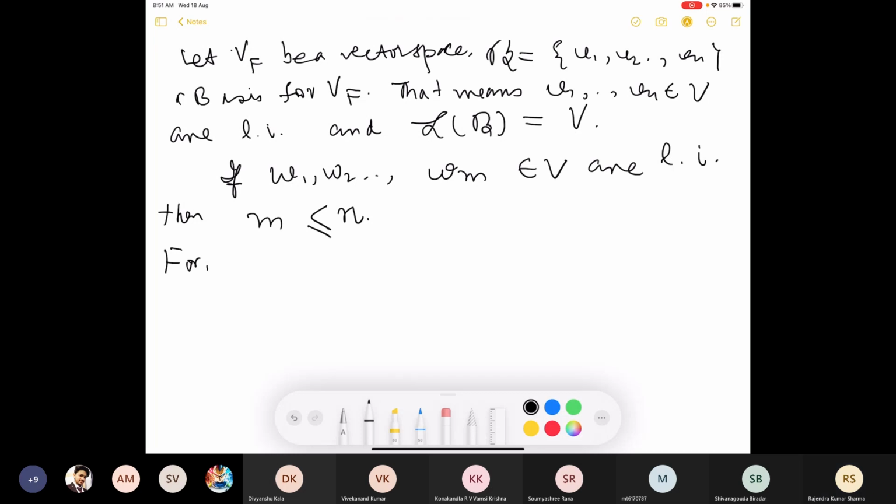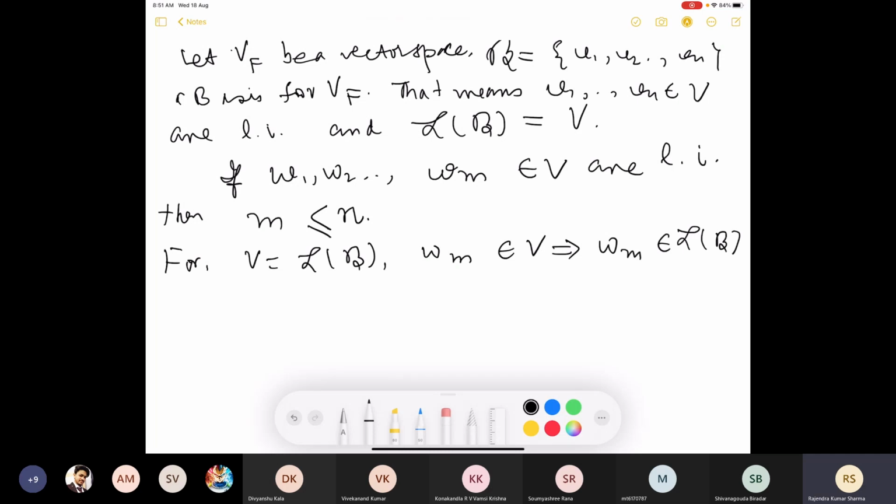Now, V is the linear span of V1 to Vn, and this Wm is a vector in V. Therefore, Wm is also in the linear span.